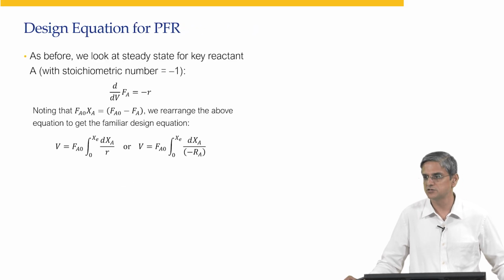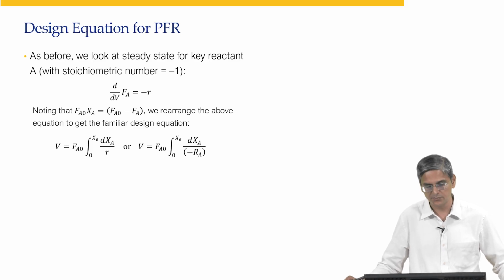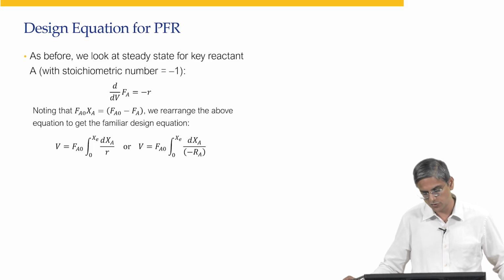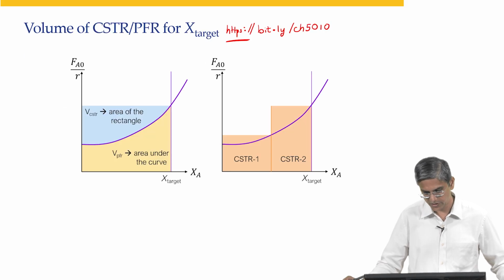If it was only a single reaction, A plus B giving products, irreversible or reversible, you are going to get the equation d by dV of FA equal to minus RA. This is where this came from.